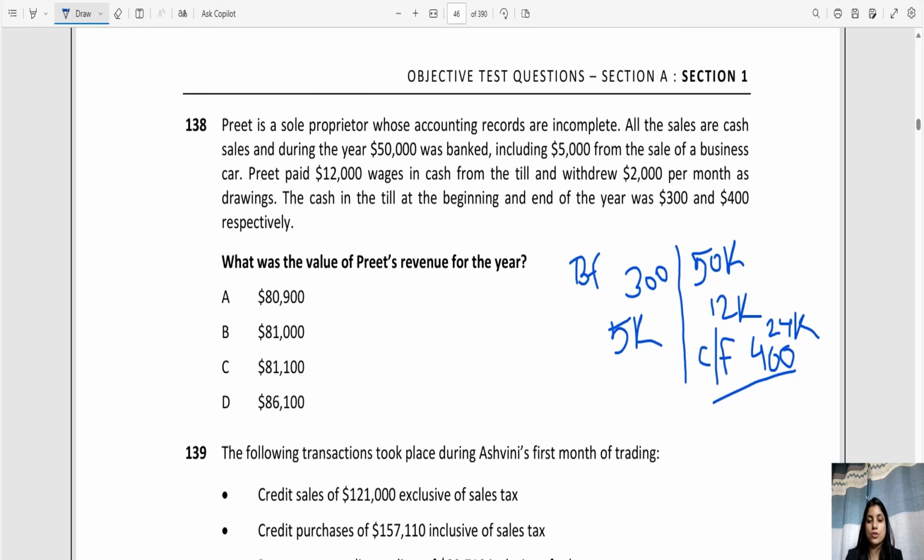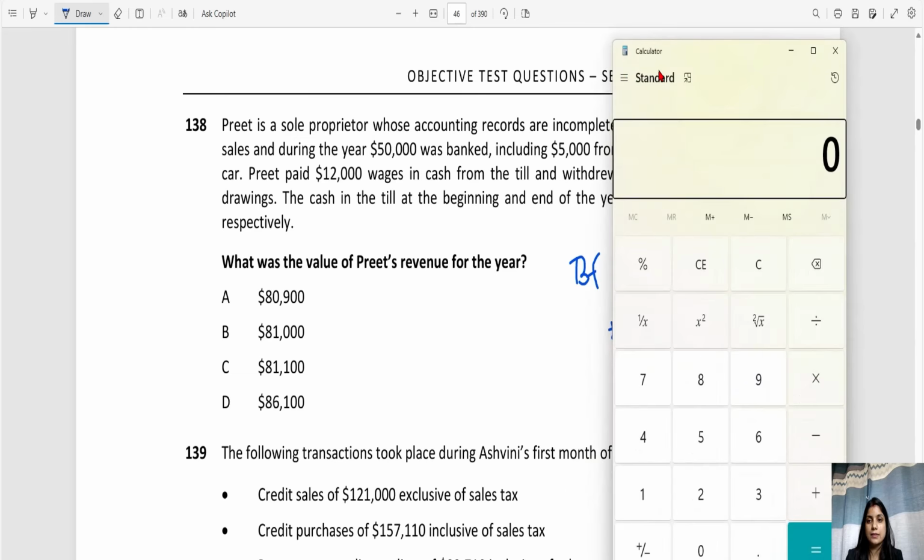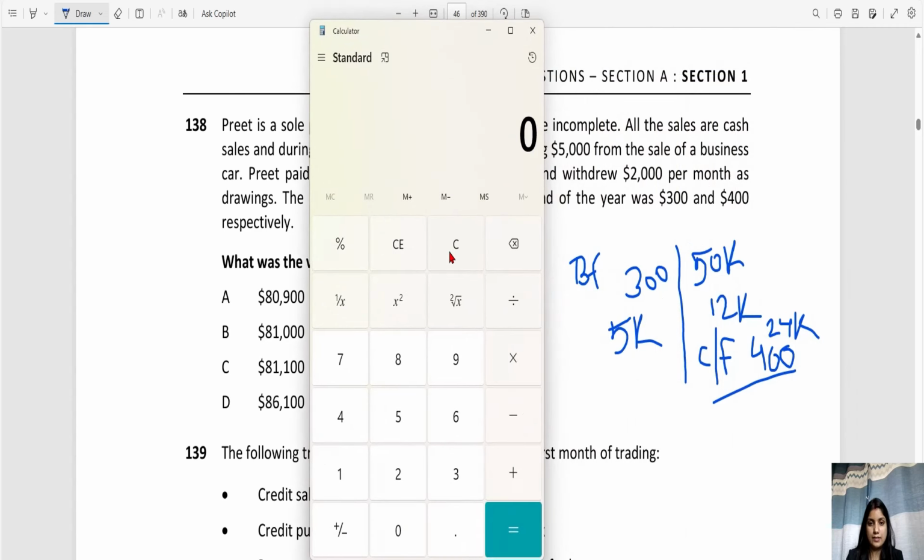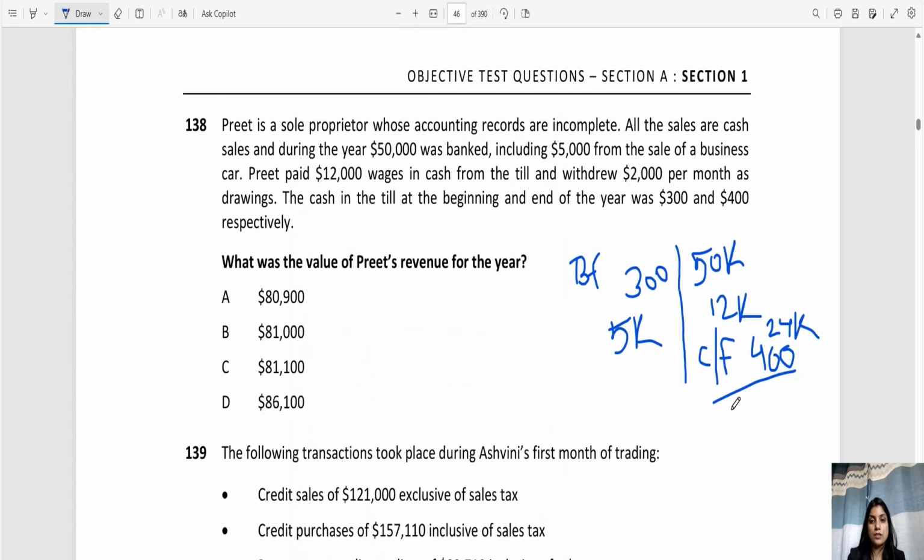So what's the total for the credit side? Because under the double entry system we need to balance the debit and credit, right? So 50,000 plus 12,000 plus 24,000, and again we have 400. This will give a total of 86,400, right?